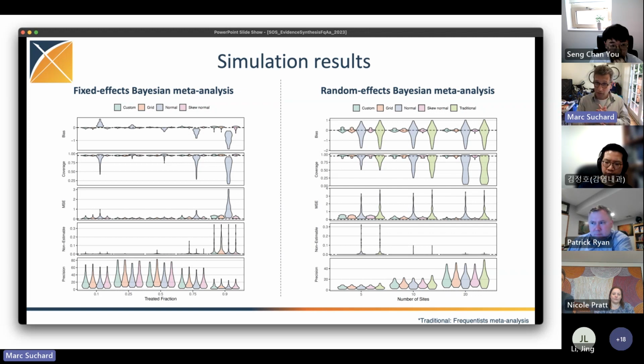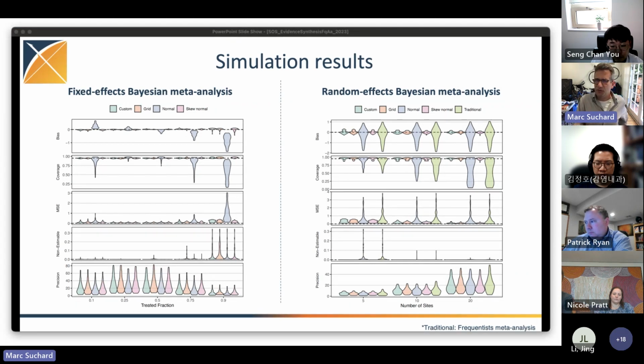A random effects model says that the best effect estimate within a data source can vary from data source to data source, but they're all drawn from a common distribution. And that distribution has a center point, which we would call our best meta-analytic estimate, right? If you were to give me a new data source and ask, what do I think the hazard ratio is in that new data source, or a new patient who isn't included in any of the data sources that we've looked at, then that point estimate would be the best place to look.